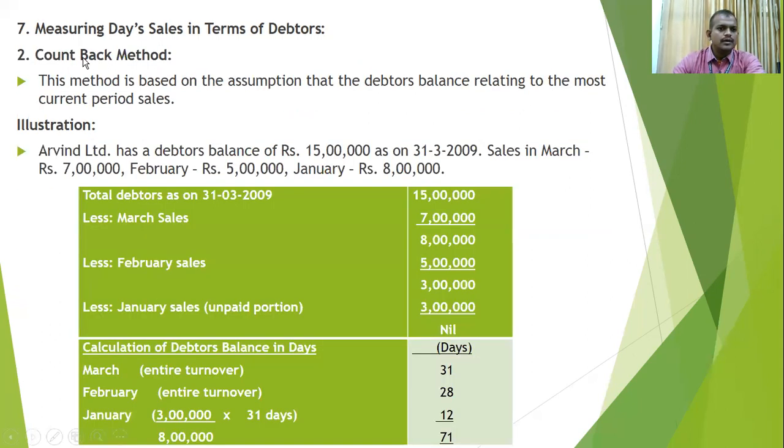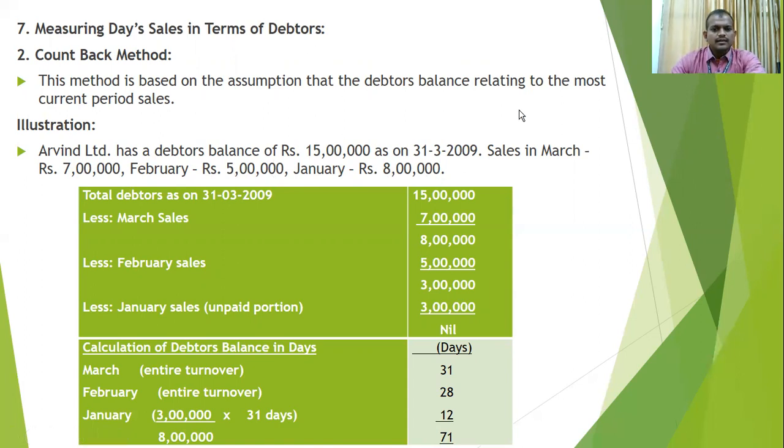And the second method, count back method. This method is based on the assumption that the debtors balance relates to the most current period sales. Arvind Limited has a debtors balance of 15 lakhs as on 31st March 2009. Sales in March 7 lakhs, February 5 lakhs, January 8 lakhs.